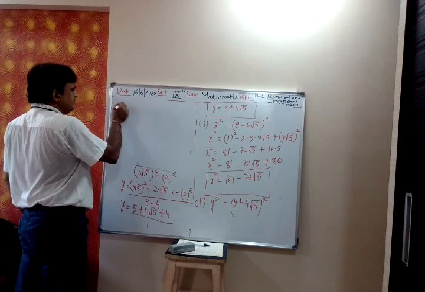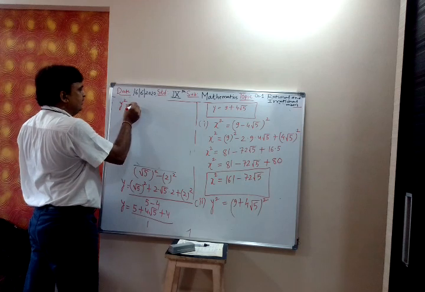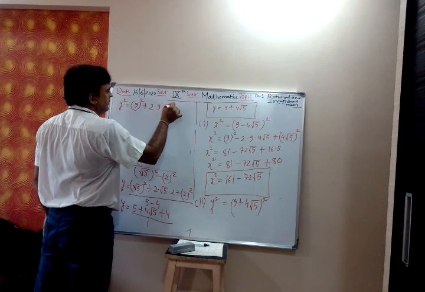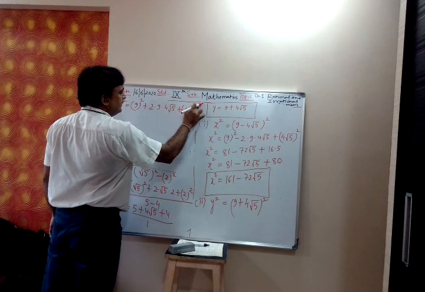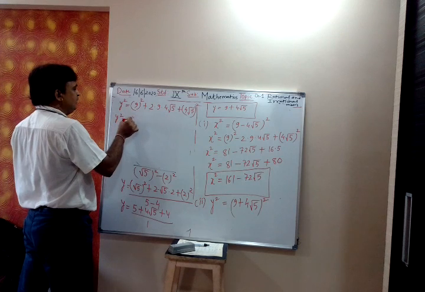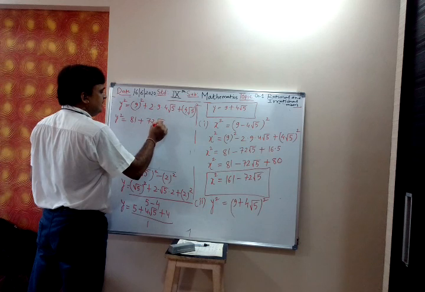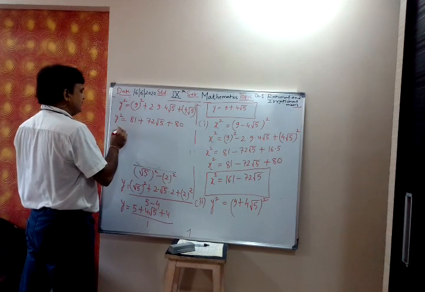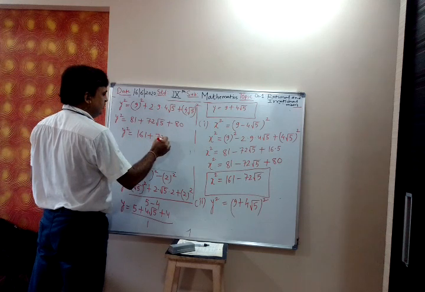Y square is 9 square plus 2 into 9 into 4 root 5 plus 4 root 5 square. So y square is 81 plus 18 into 4, 72 root 5, plus 4 square, 16 into 5, 80. 81 plus 80, 161. So y square is 161 plus 72 root 5.